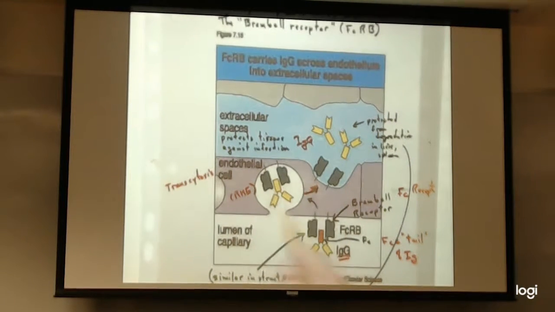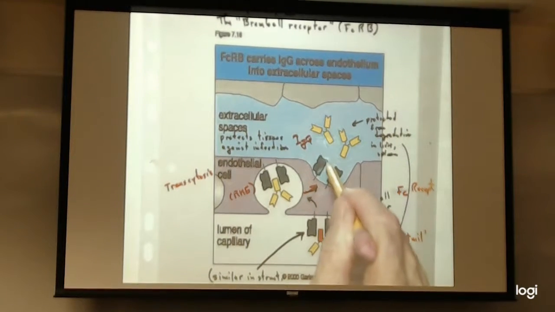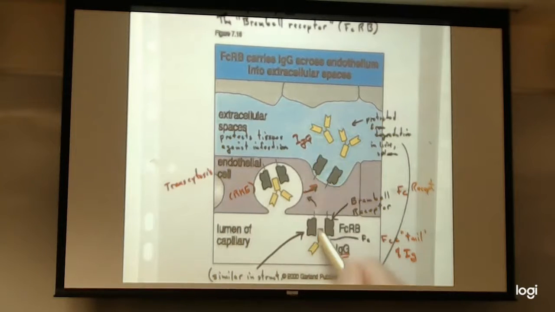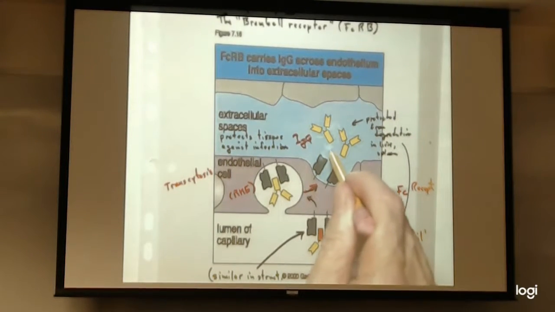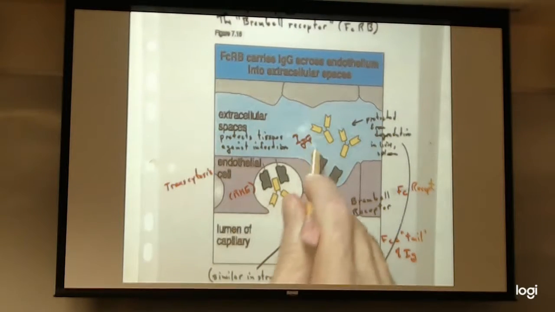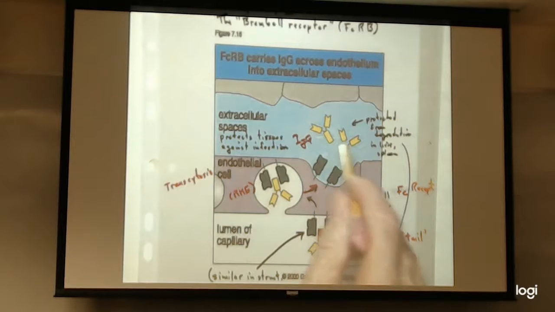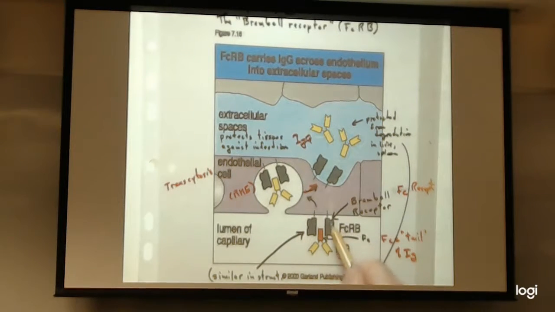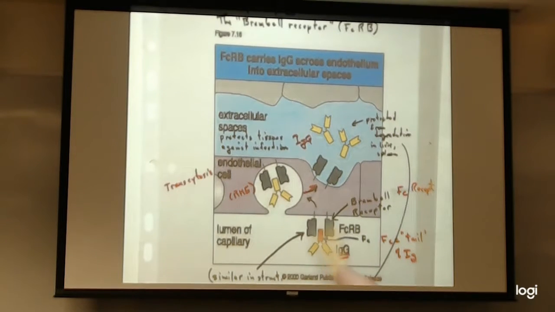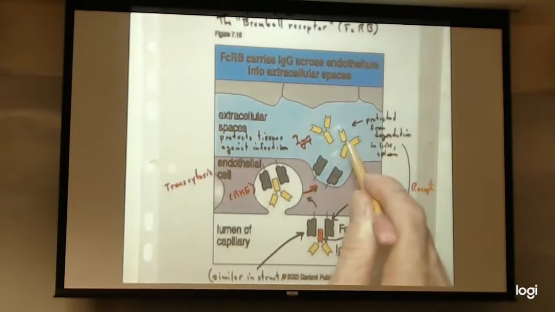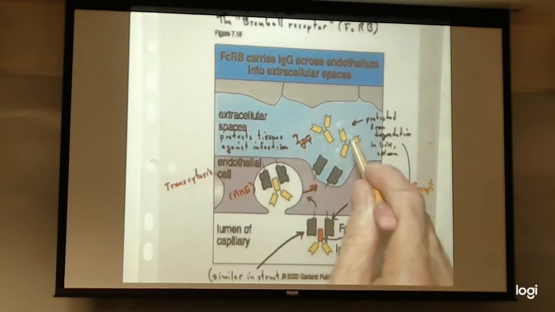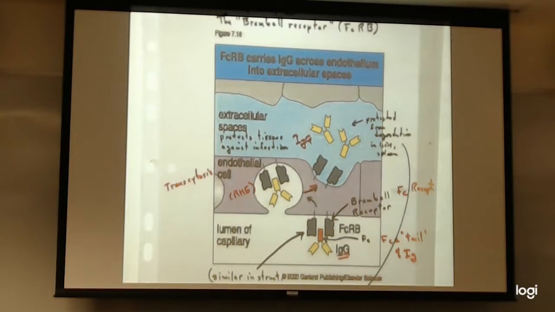So we do endocytosis and then exocytosis, and in that way we deliver the immunoglobulin G from the blood into the tissue space where it can diffuse around. If it's in the blood, it's passing through the liver and the spleen, and eventually it gets degraded and so forth. But here it's protected, so it's very long-lived in this compartment.